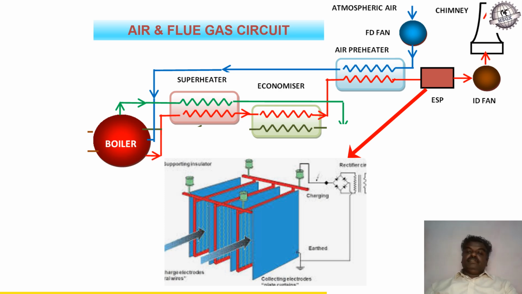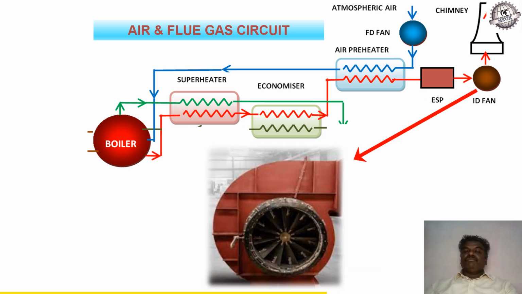So all these systems just remove the impurities as well as the harmful pollutants in the flue gas. And after the electrostatic precipitator, the flue gas will be sucked by the induced draught fan.